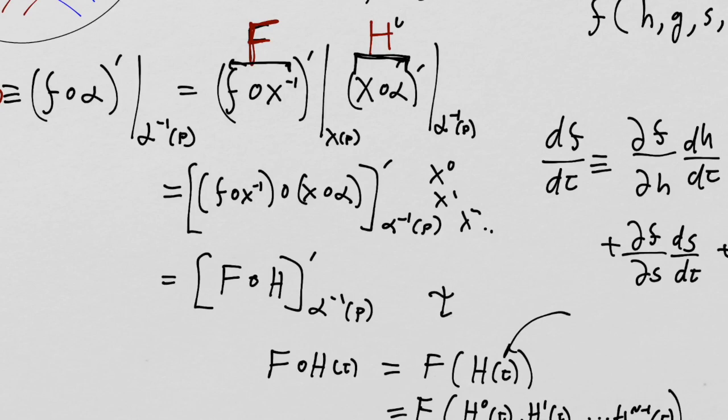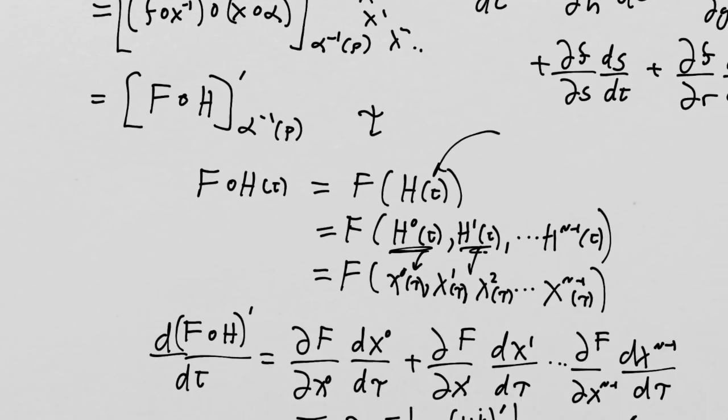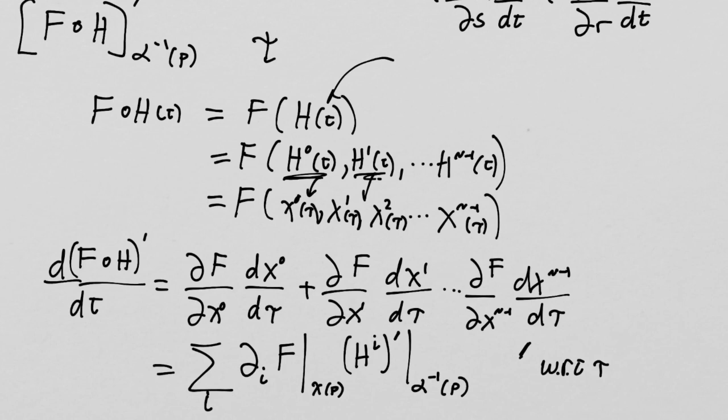So I don't think I could have put the i in there. But down here in the multivariable calculus thing, you have to put the i in, because you can't define this thing unless you look at each of the slots of F, which is what this i really represents.